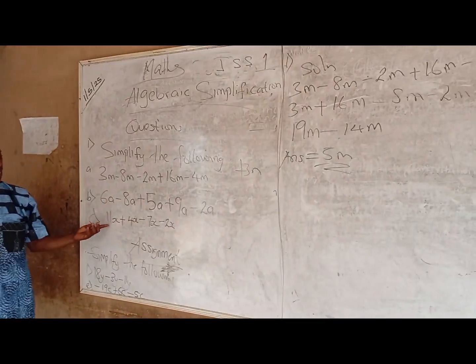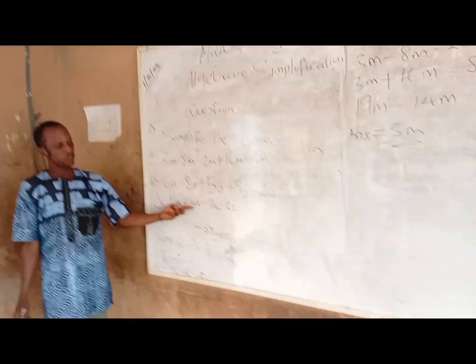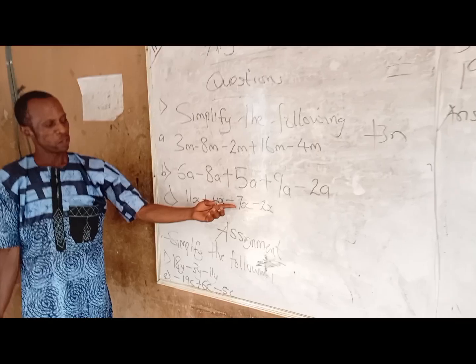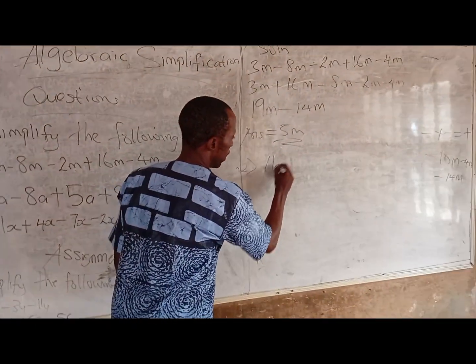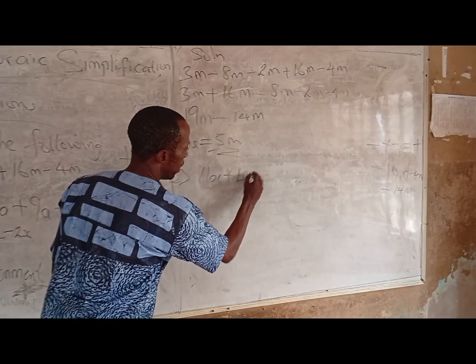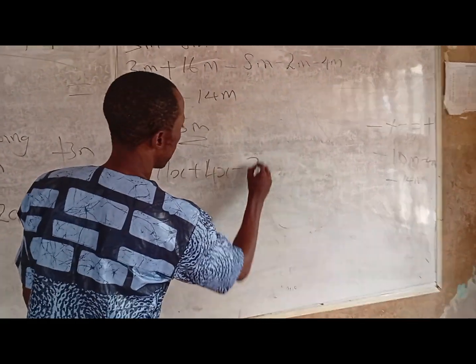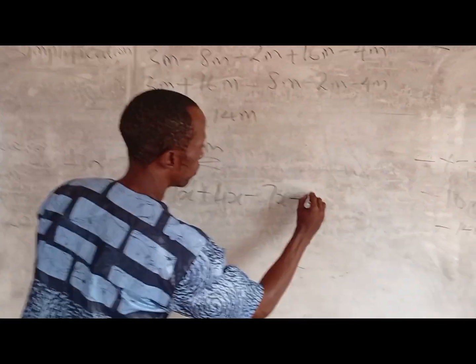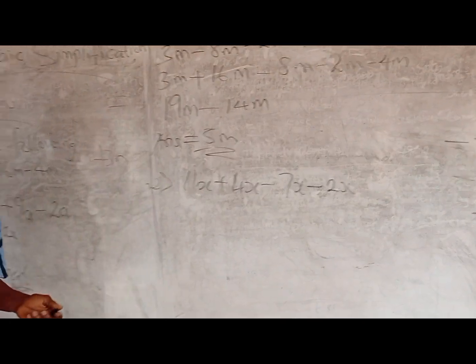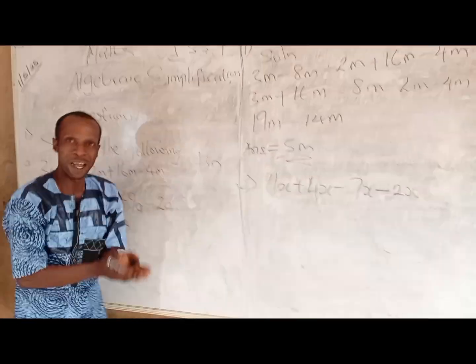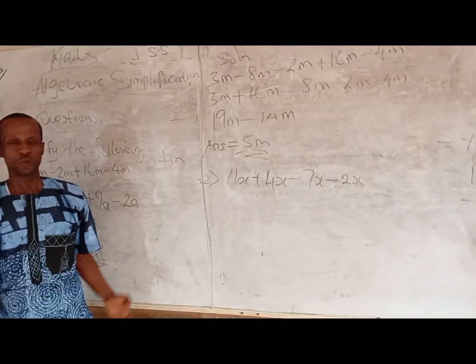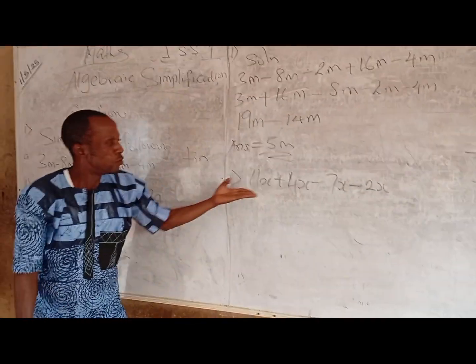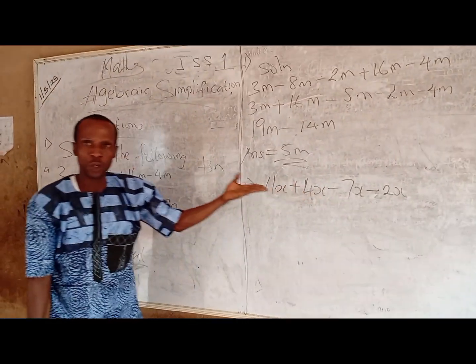Number 2, we have 11x plus 4x minus 7x minus 2x. It's the same format, by grouping. Look at this algebraic expression: what are the numbers that belong to you?